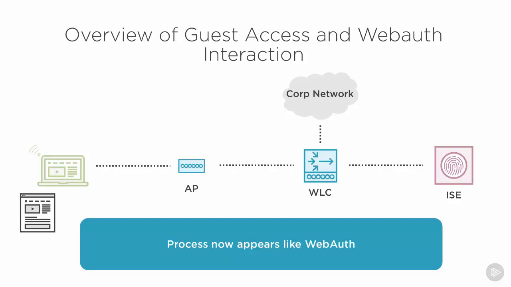It sends a URL redirect back. The user gets that redirected web page, and then they can plug in those guest credentials that the sponsor previously created for them. So that's our process of going through guest access with a sponsor enabling the guest and then WebAuth authenticating that guest.